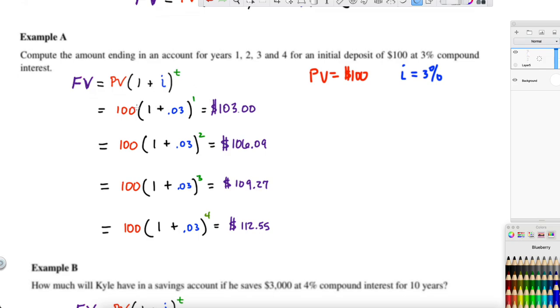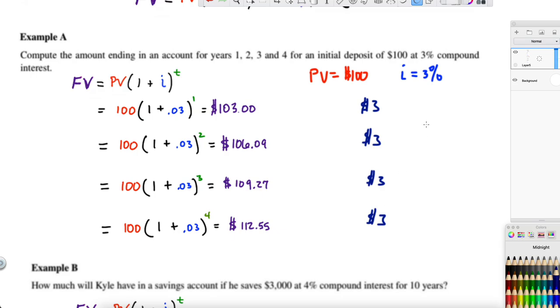We see here this first one, 103, would be the same as if we did simple interest. It's just $3. If you remember, in the last practice that we did, with simple interest it would be $3 after the first year, $3 after the second, $3 on the third and $3 on the fourth, because it goes back to the original principal, or the initial deposit.